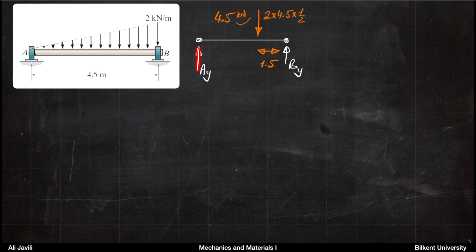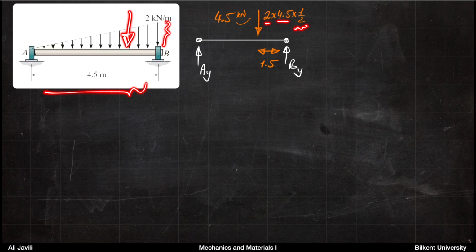From A and B, we draw the reactions AY and BY as upward forces to begin with. The effective force here would be the area of the triangle. That's the height, 2, times the 4.5 length times 1/2.